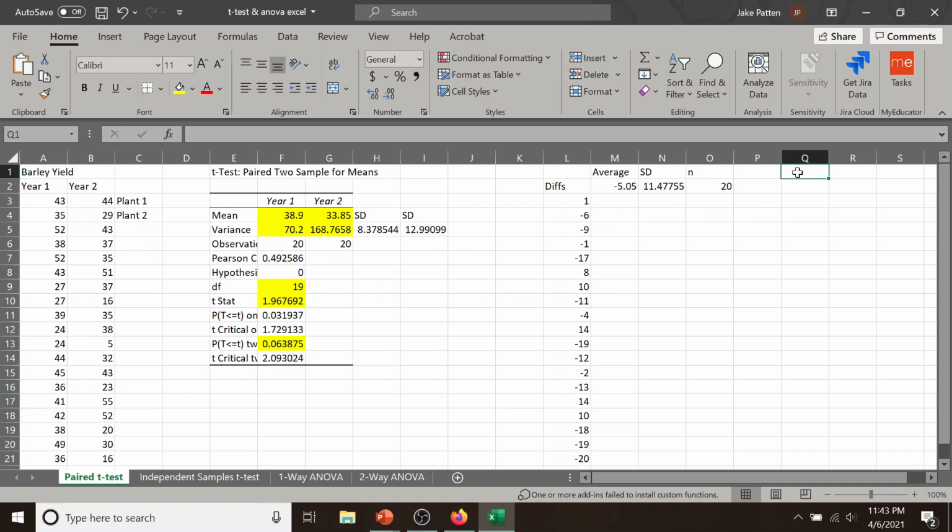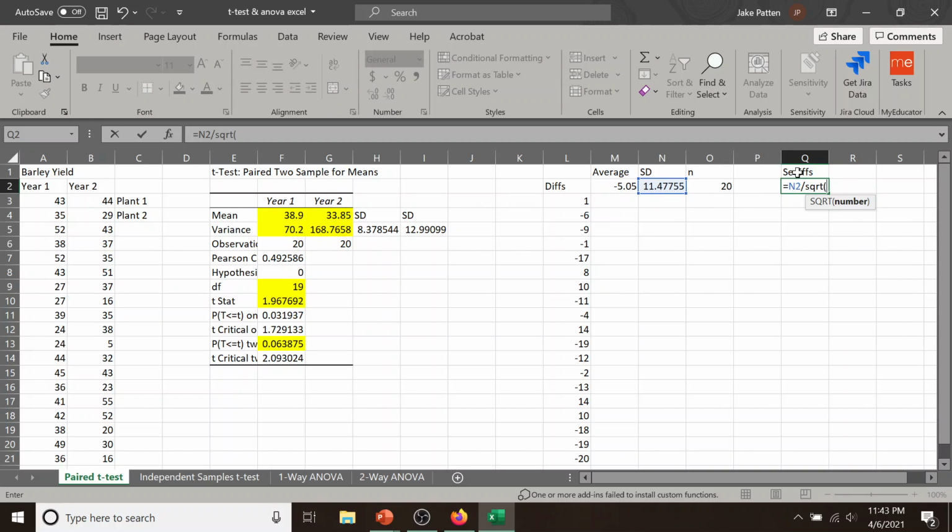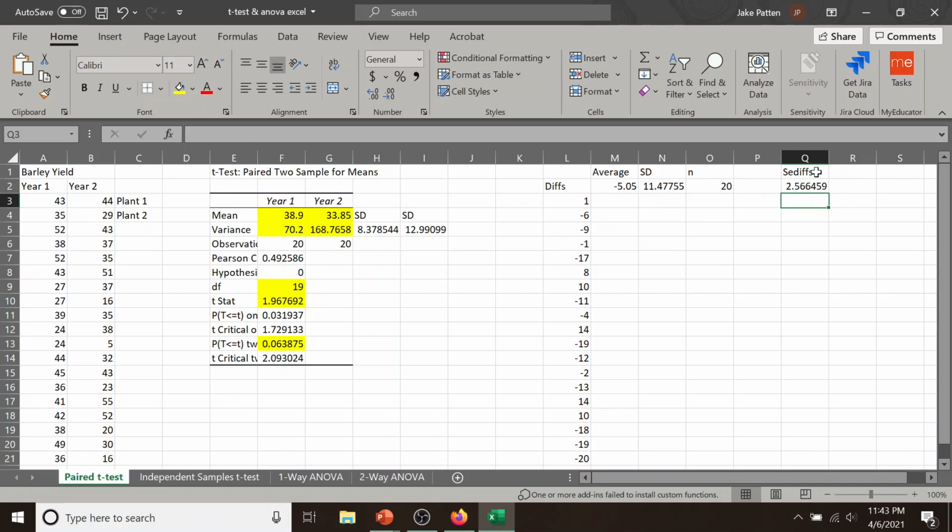So we can call this the standard error of differences. We're going to put an equal sign because we're doing some math here, and we're going to put the standard deviation over the square root, which is SQRT, of n. And that's 2.56.